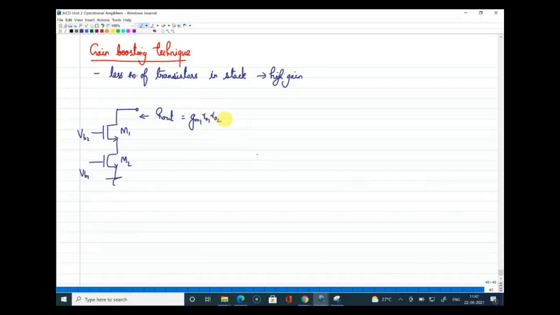Now to increase gain further, we also saw that we can increase the number of transistors in the stack by just adding one more transistor, which we call triple cascode. So what you are seeing on the left side is double cascode, and if you add transistors further, it is triple cascode. And if I load it with an ideal current source, practically you cannot keep it like this. You have to add a suitable number of transistors on the load side.